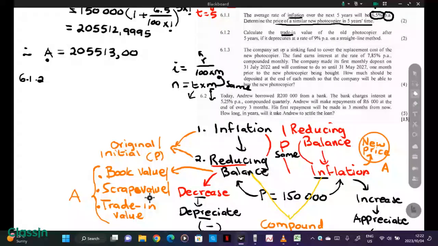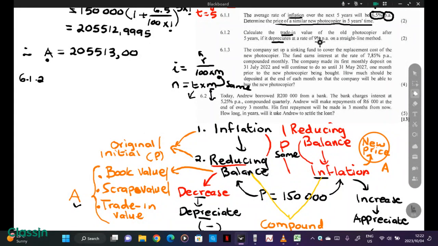Book value, scrap value, and trade-in value are represented by the value of A. So here they want us to calculate the value of A, which is the trade-in value of the old photocopier after 5 years if it depreciates. So there is a decrease in the amount of money, and the rate of depreciation is 9% per annum.